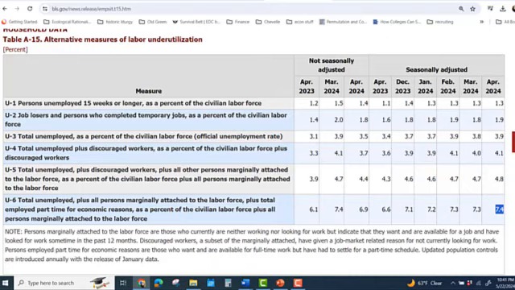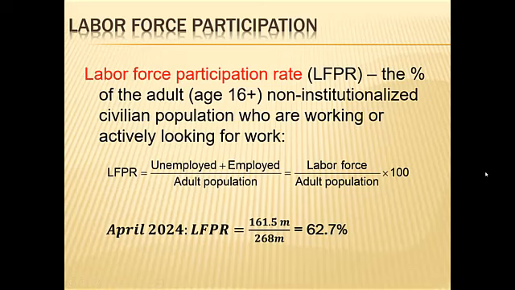Okay, so now we'll look at a few other indicators of unemployment and labor force to round out our discussion here. And the first one is labor force participation. I think I mentioned this earlier. It's simply the percentage of the adult non-institutionalized population who are working or looking for work.